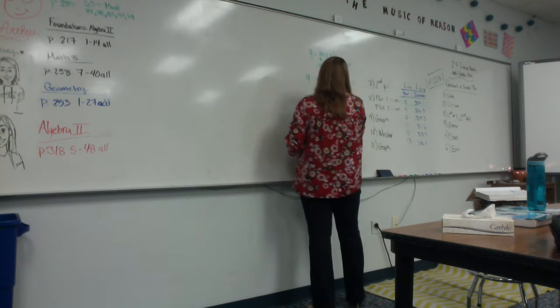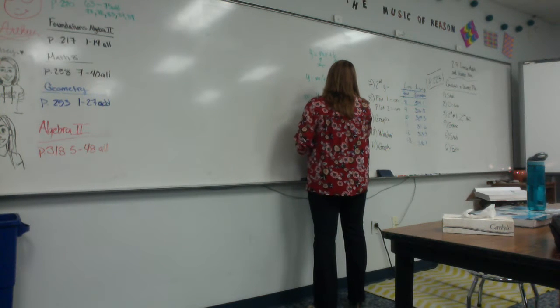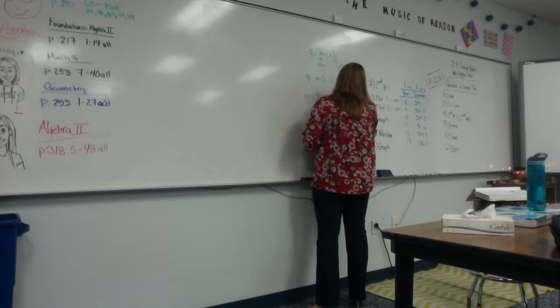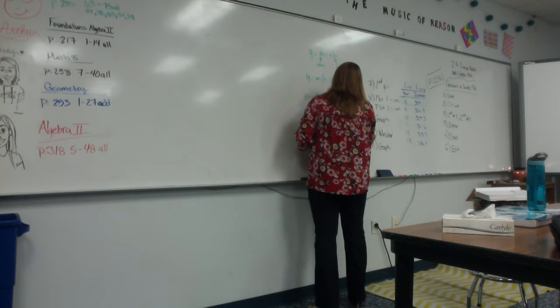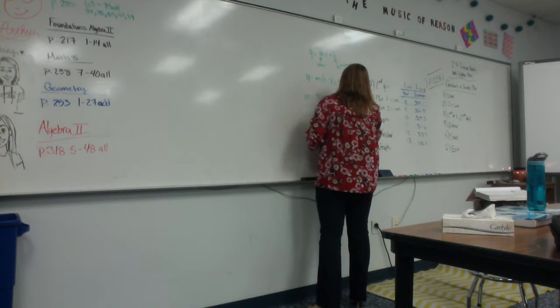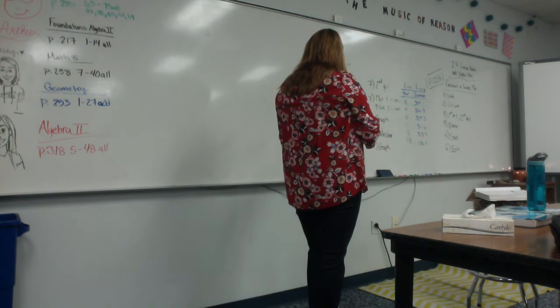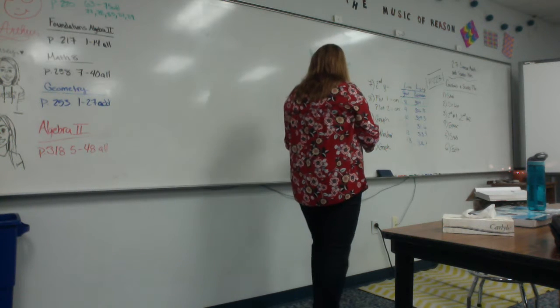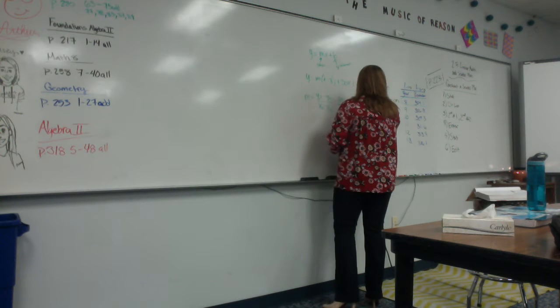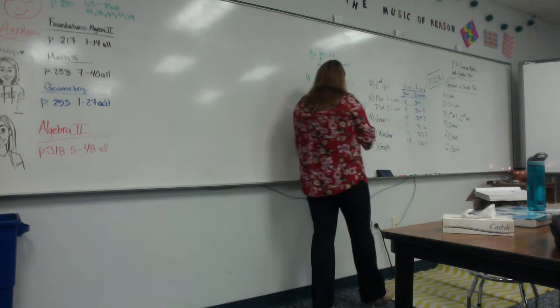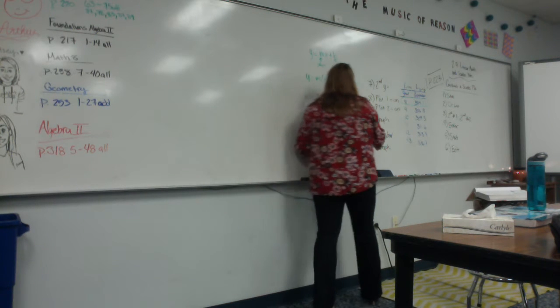So I'm going to do 304.1 minus 316.1 over 8 minus 13. When you do that, 304.1 minus 316.1, you end up getting negative 12 over 8 minus 13, negative 5.